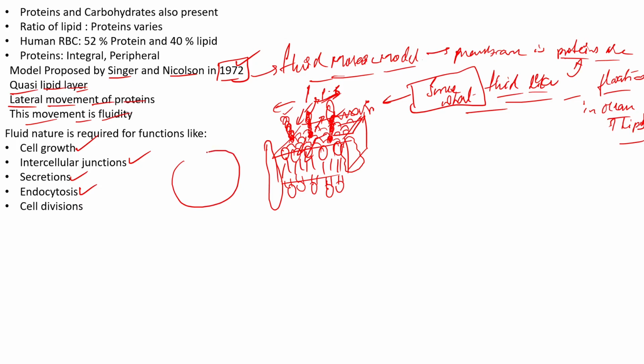For example, if this is the cell, a food molecule is entering inside the cell. The process of uptake of food molecules, any solid or liquid, into the cell is called endocytosis. The last one is cell division. Remember these functions, very important, that the fluid nature of the cell membrane contributes to.